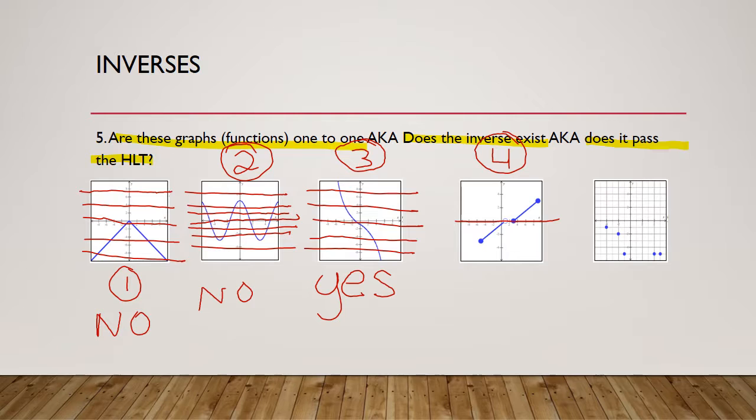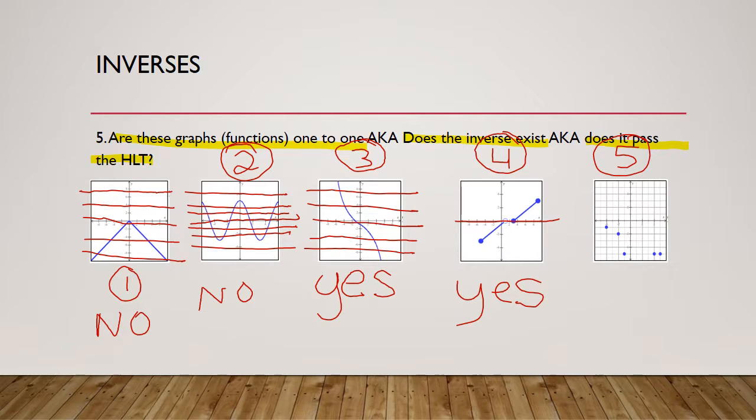That's because one of the points that it touches is included, and the other one has an open circle, which means not included. So technically, this horizontal line and all the other horizontal lines will only touch the graph one time. And so this graph is invertible. It does pass the horizontal line test. It is one-to-one.